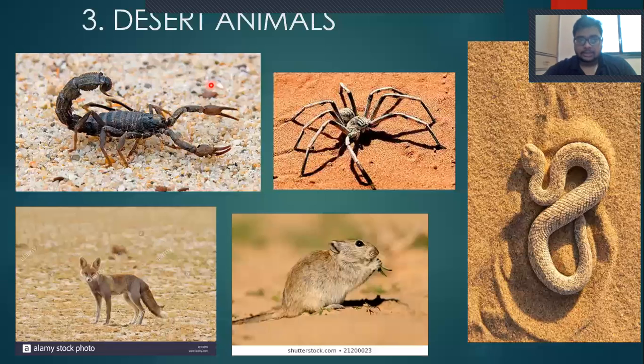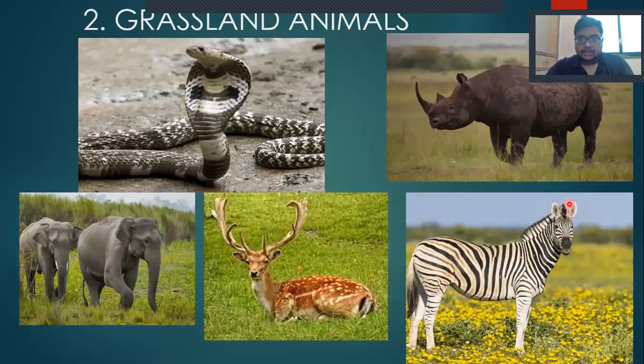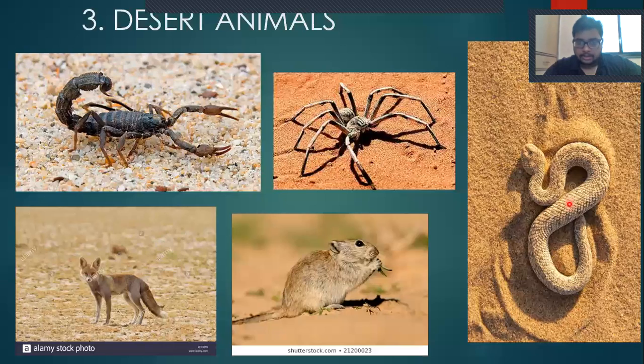Then there are desert animals. You can also see a snake here. This shows that animals can survive in many other conditions, like in desert. But the prominent place for snakes is a grassland. So this you must remember.